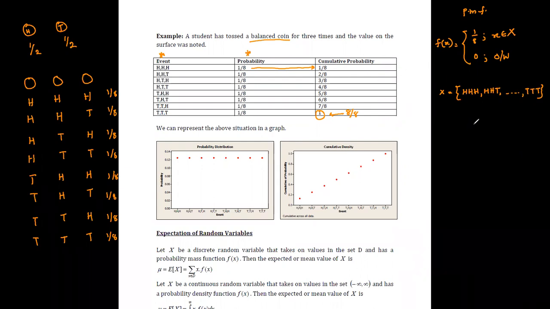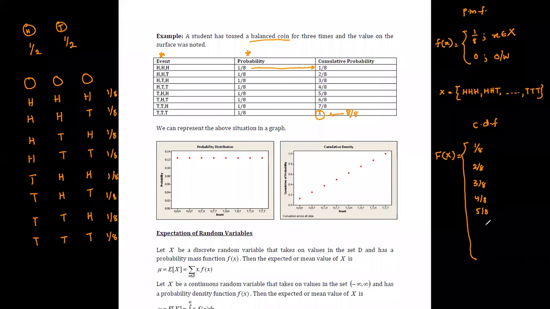And if you need to obtain the cumulative distribution function, what we can do is this has f(x), and we may have a set of values starting from 1/8, 2/8, 3/8, up to 8/8.